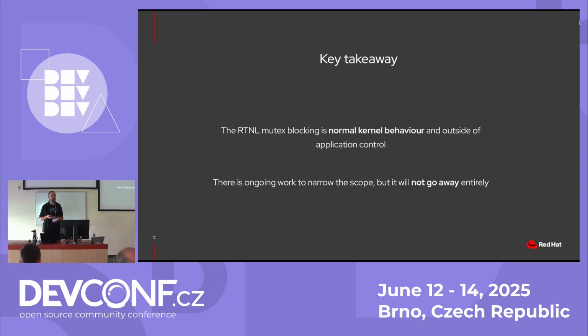Yes, so the comment was there are use cases that do query operations at a very high rate by design, and the kernel should do its best not to interfere with these, especially other read operations.